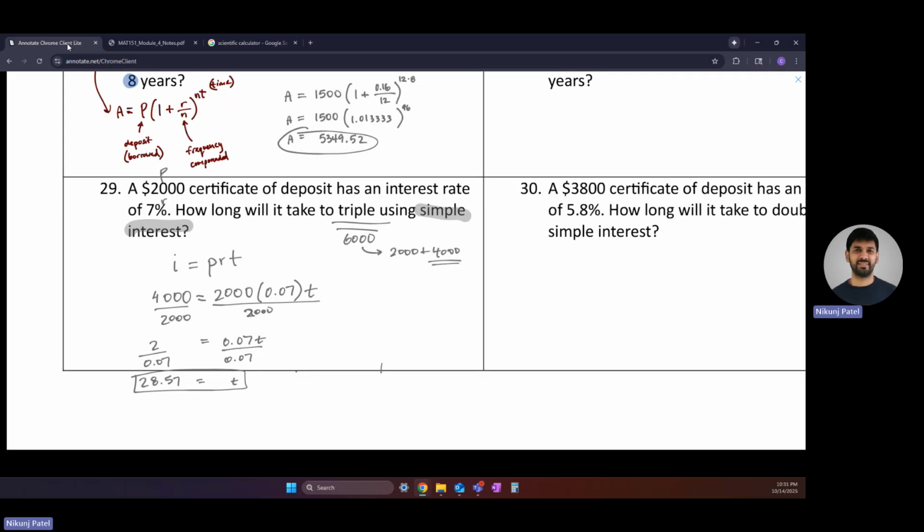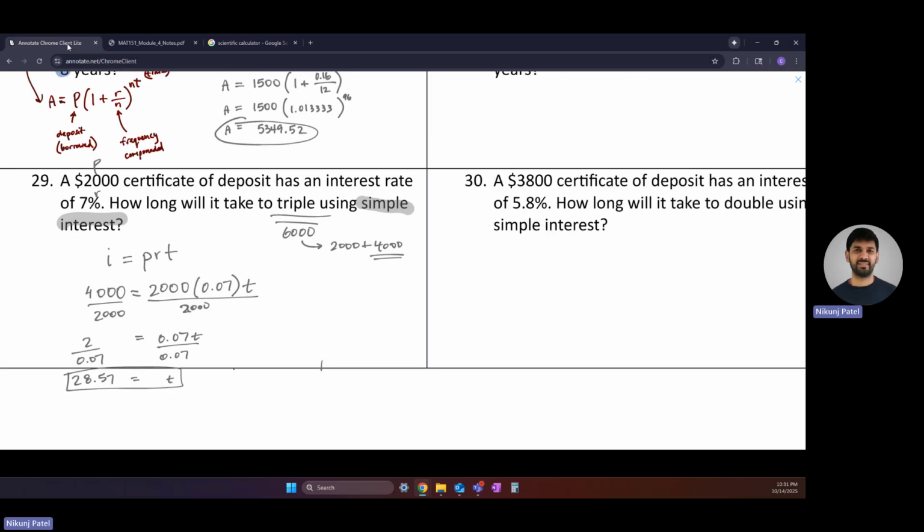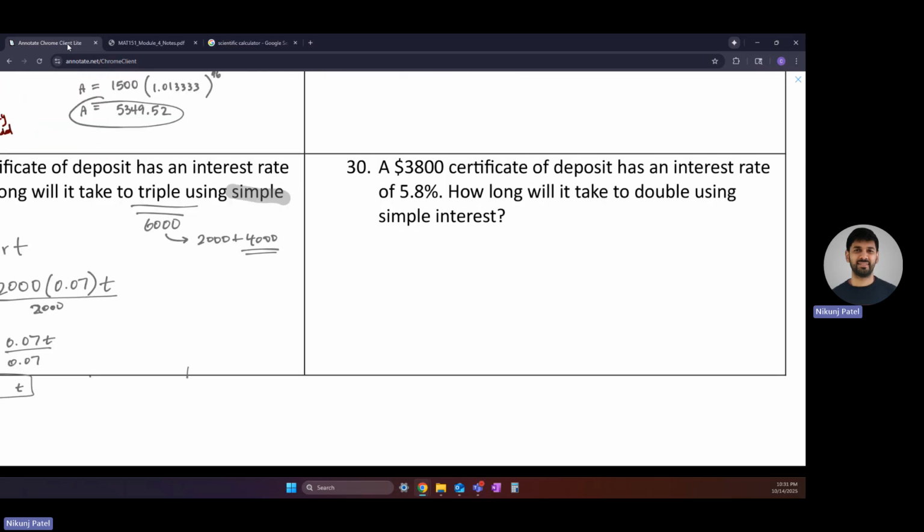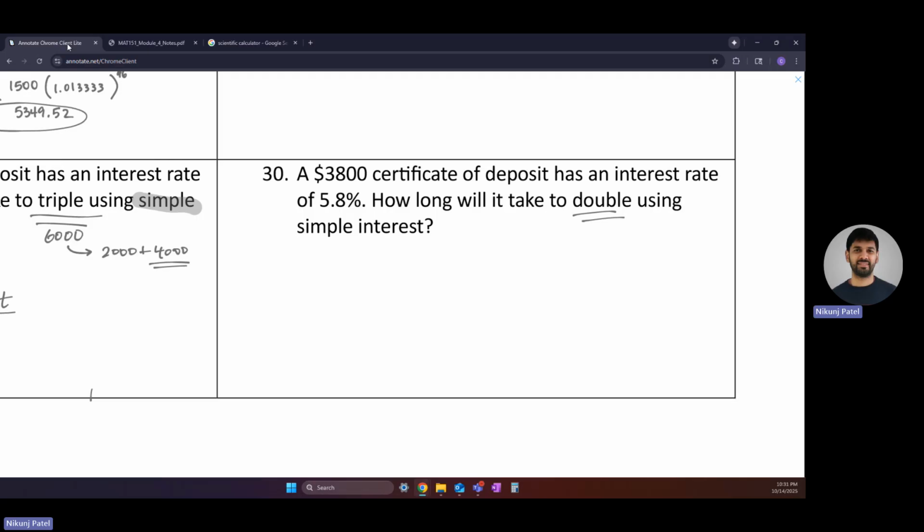So for number 30, see if you can approach it the same way, just to give a little bit of clarification. For 30, just to make sure you go in the right direction, you're trying to figure out how long it would take to double, right? So double would be that 3,800 turns into double that, which is 7,600. And so in order for it to double, we would want this to look like this: 3,800 equals, and then fill in the rest of that formula there.